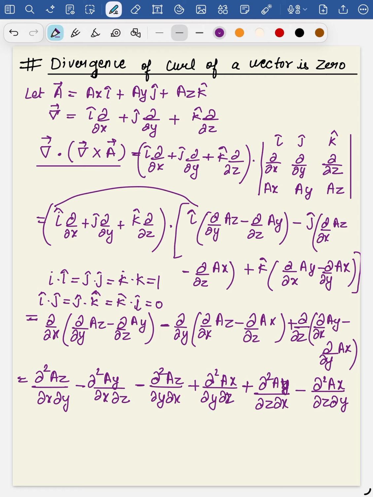So as we can see, del square Ay del x del z and del square Ay del z del x will cancel out as they are the same. Del square Az del x del y and del square Az del y del x will also cancel out. And del square Ax del y del z and del square Ax del z del y are the same, so they will also cancel out. And we finally find 0. Hence, divergence of curl of a vector is 0.